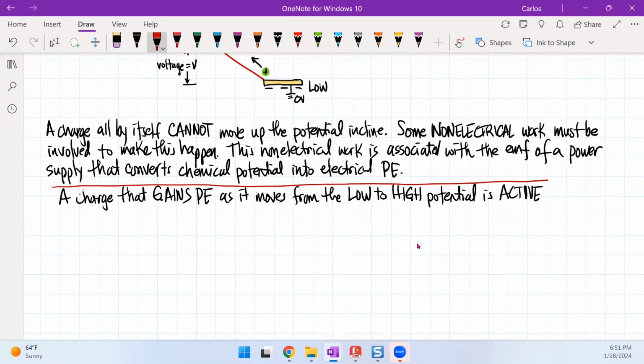So that is our definition of what we mean by active.